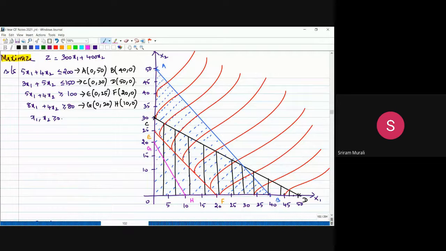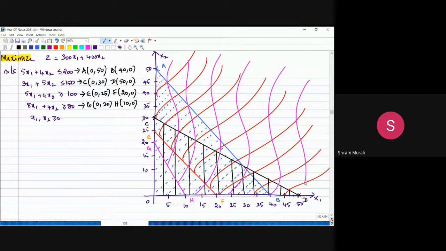So away from the line means, now where are all the four intersecting? Is it not this one?